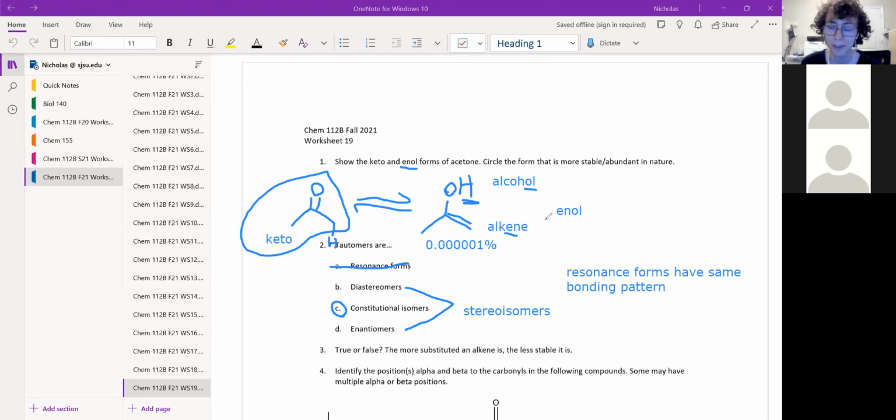Those also need to have the same bonding pattern, which is another thing that rules them out. On top of that, we're not really looking at any different stereochemistries, so that rules them out. And constitutional isomers have the same chemical formula, but different bonding patterns.